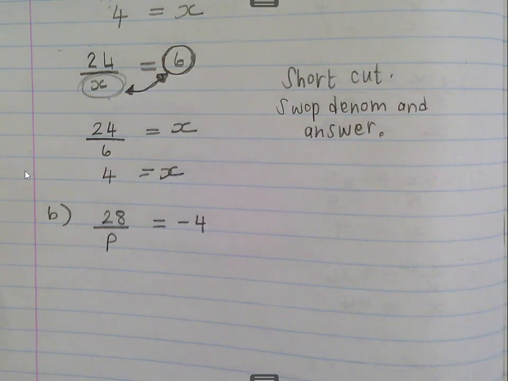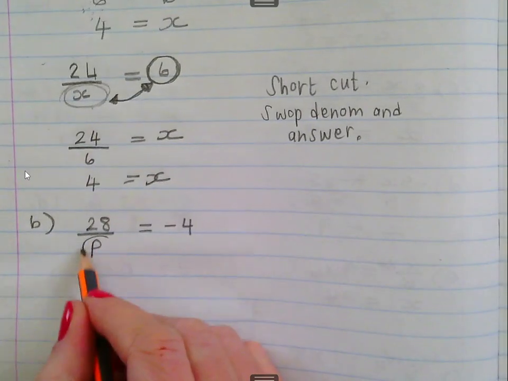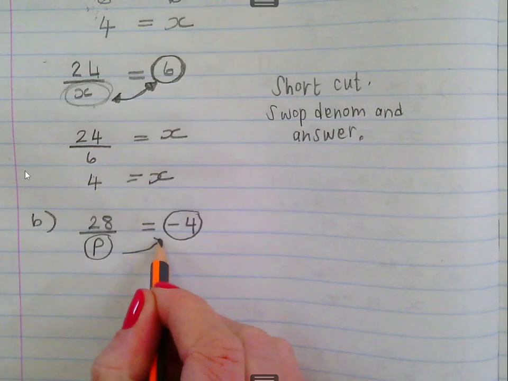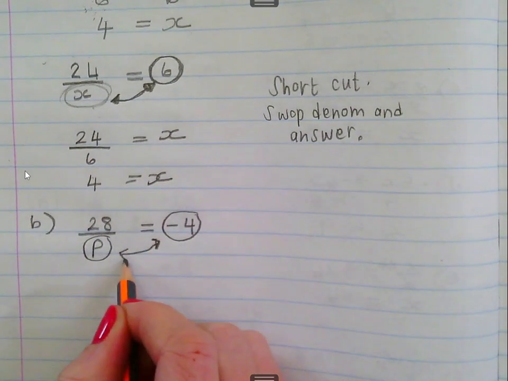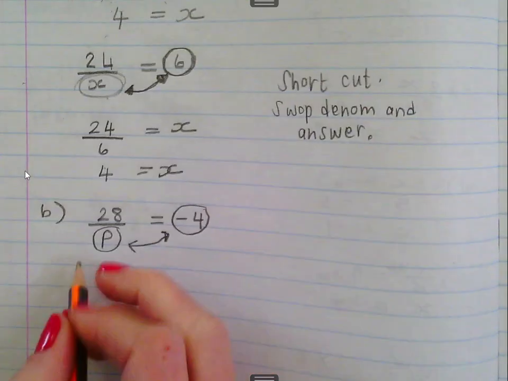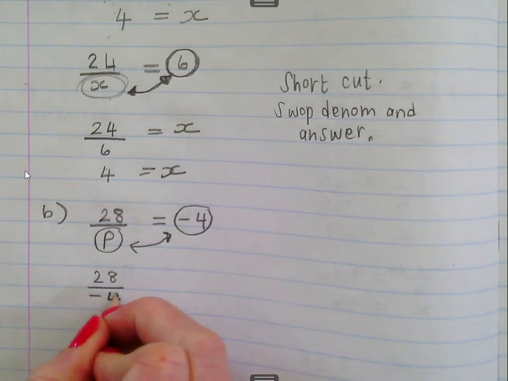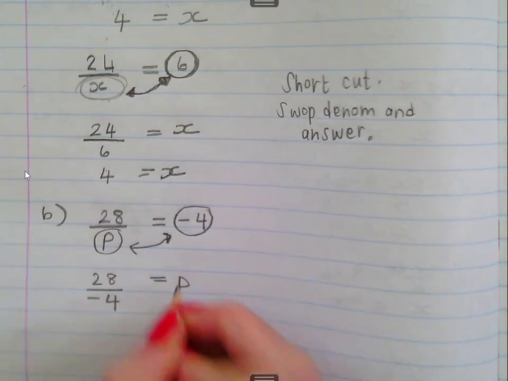In the denominator. What does that mean? It means we can use the shortcut. What are we going to do? Swap the denominator with the answer. Without changing anything, you don't do anything to them. It just becomes 28 over negative 4 equal to b.